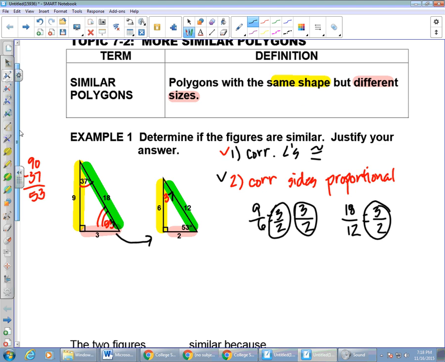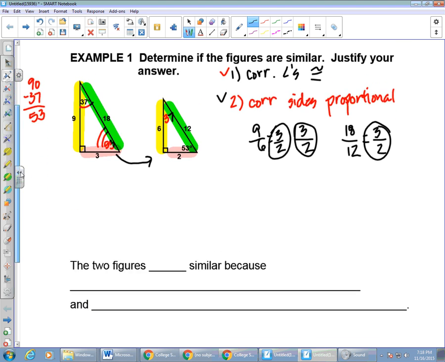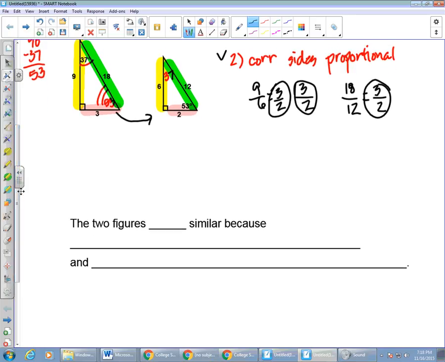So the corresponding angles are congruent and the corresponding sides are proportional. And so the two figures are similar because of those two things.